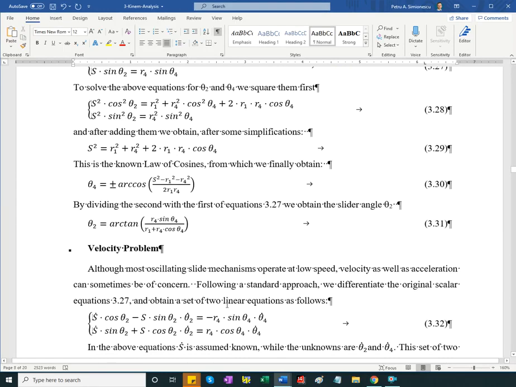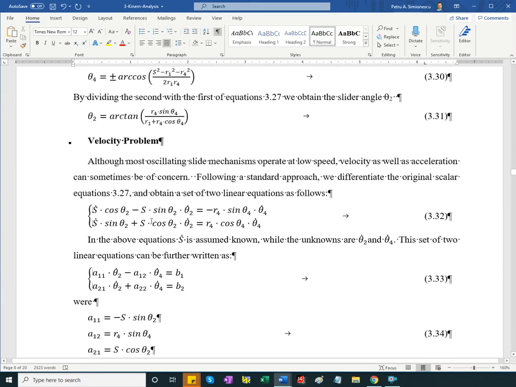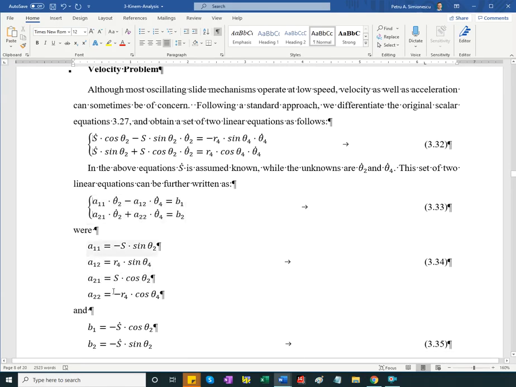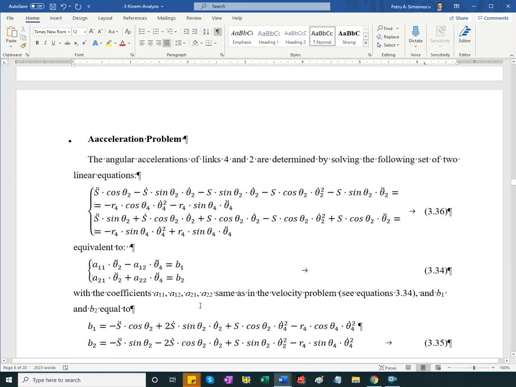So this was it for position. For velocity, we take the first time derivative of the position equations and it becomes a set of two linear equations with two unknowns. Very easy to solve. And then for acceleration, yet again take the time derivatives.